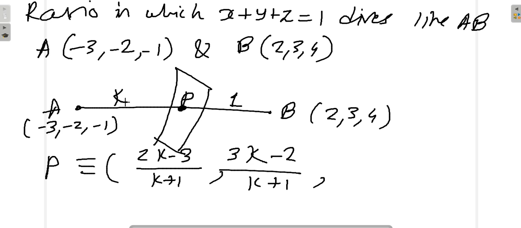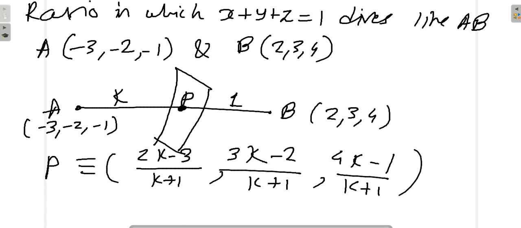And the third is k into 4 minus 1 into 1 upon k plus 1. So this point P lies on the plane. As the point P lies on the plane, it satisfies the equation. So you can put x equal to this, y equal to this, and z equal to this, and x plus y plus z should give you 1. That's it. It is as simple as that, and you can get the value of k.